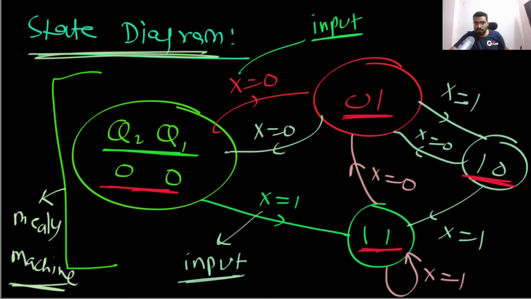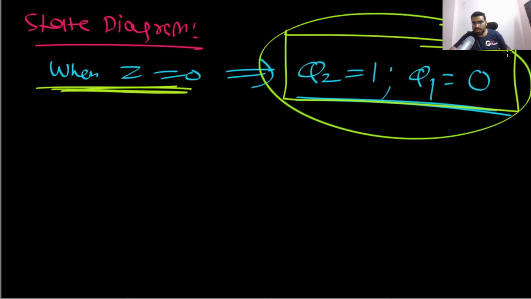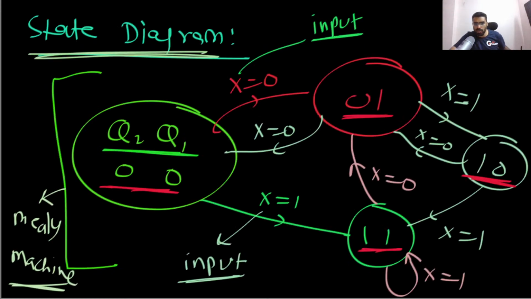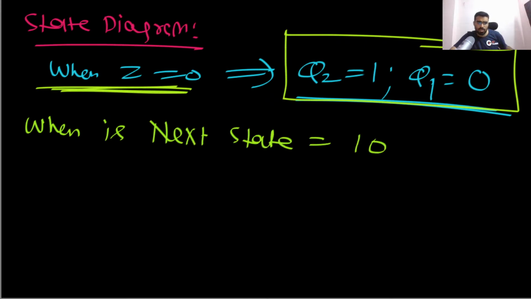So from this table, from this state diagram, what you can check is when your next state is 1 0.